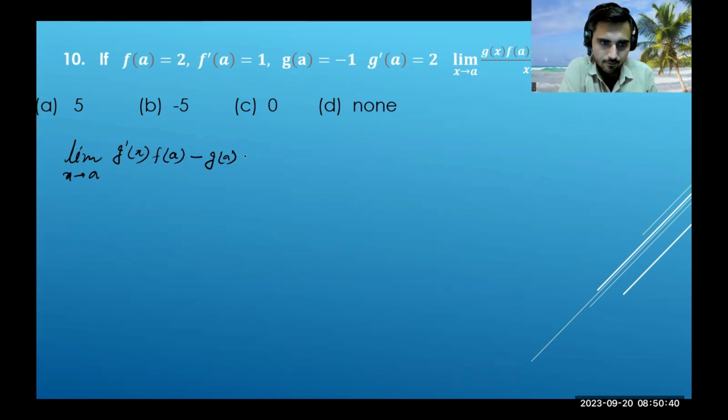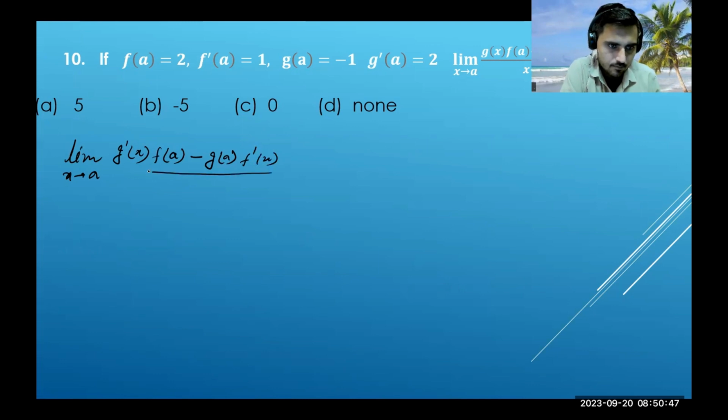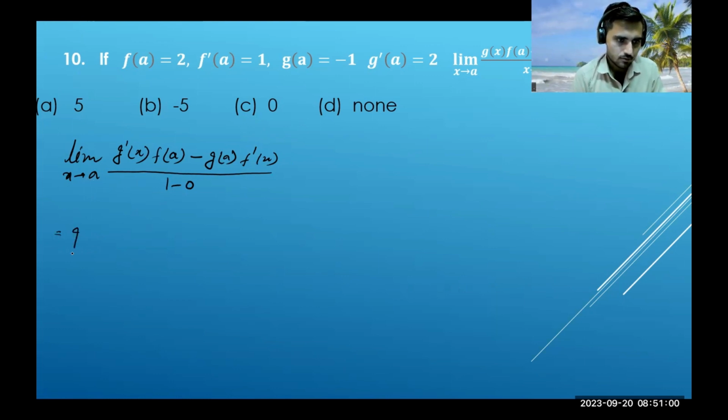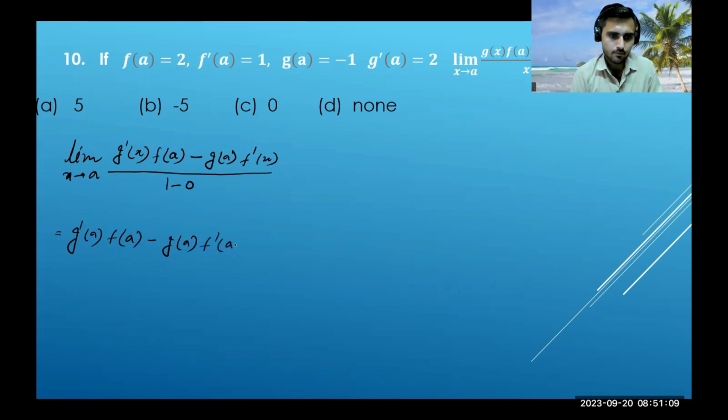And f of x is a function and can be differentiated, f prime x. And in the denominator, x minus a, which is 1 minus 0. Now we'll substitute the limit here. So g dash of a times f of a minus g of a times f dash of a, right?